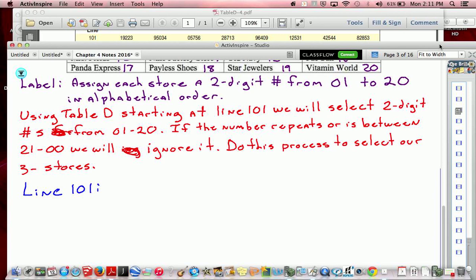So the first 5 random numbers are 19223. I'm just writing these. Sometimes I have to step back to see the difference between the 5s and 6s. 95034. They just put them in groups of 5. So 0, 5, 7, 5, 6.